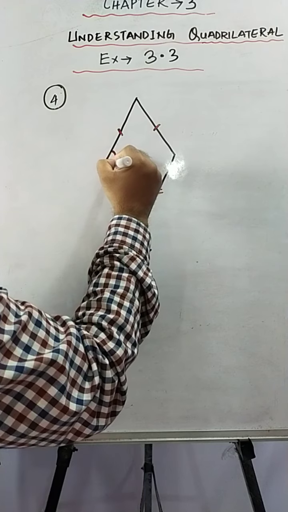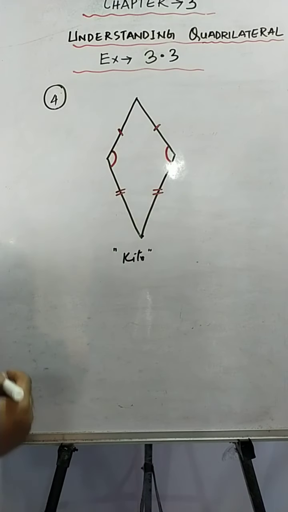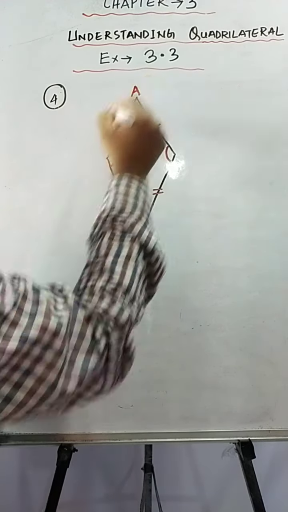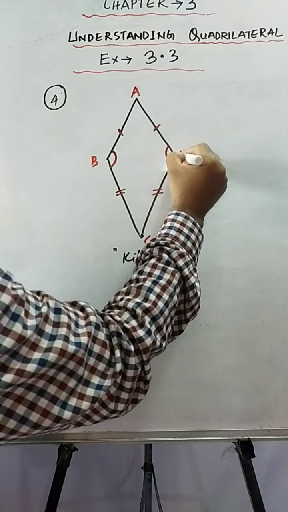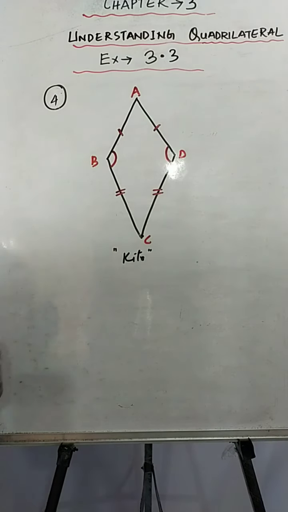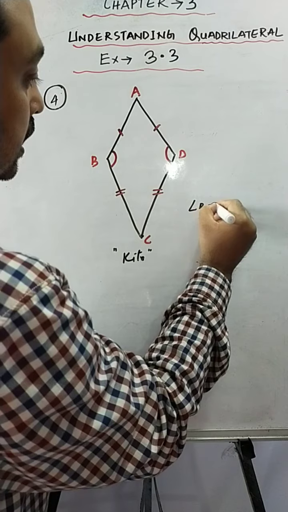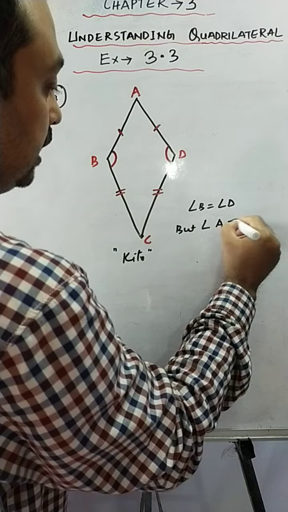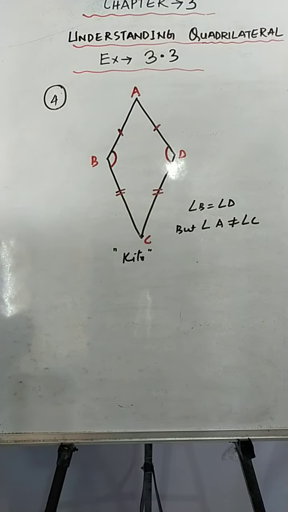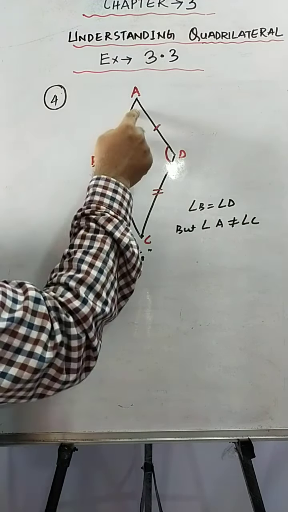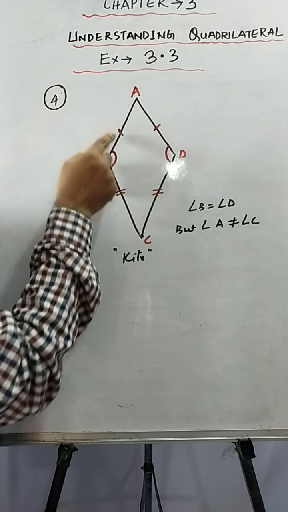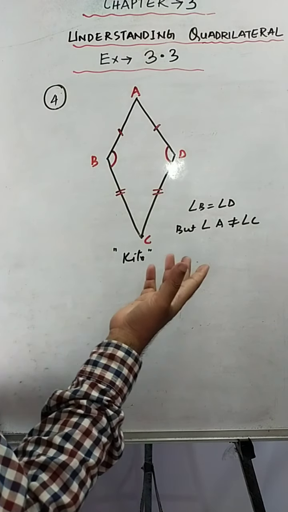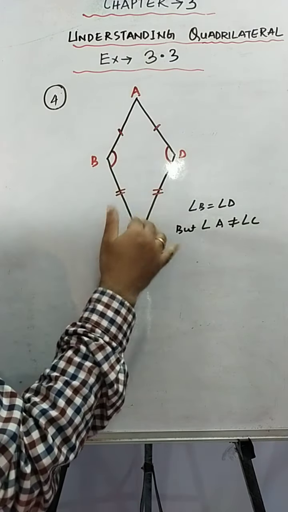And in a kite these two angles should always be equal, but these two angles are not equal. If I consider this as A, B, C and D, then we can write that angle B is equal to angle D, but angle A is not equal to angle C. Because these two opposite angles are not equal and these two opposite sides are not equal, there are many such reasons on which we can say that this quadrilateral is not a parallelogram.